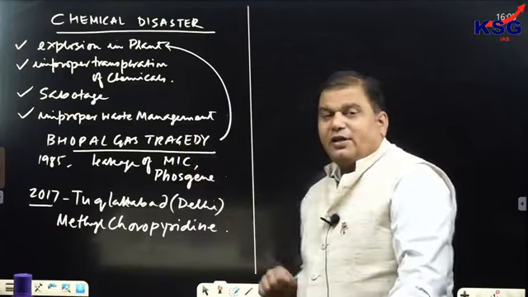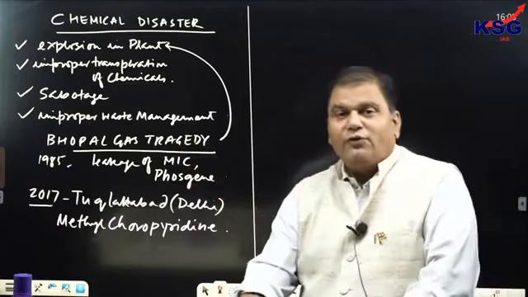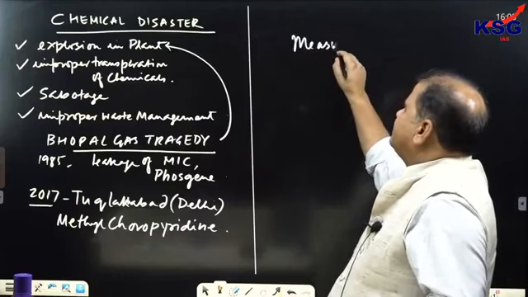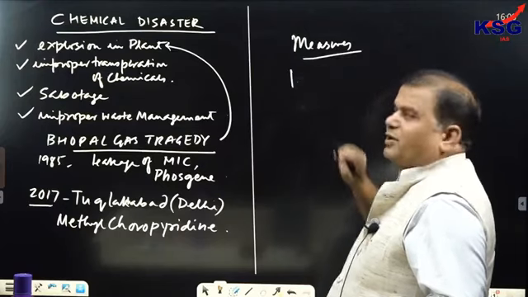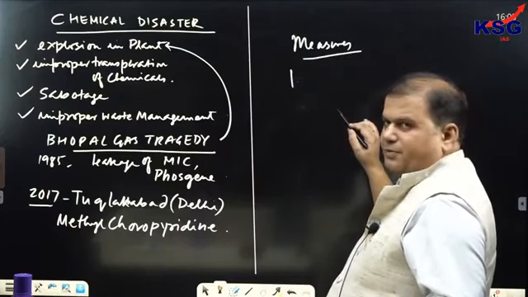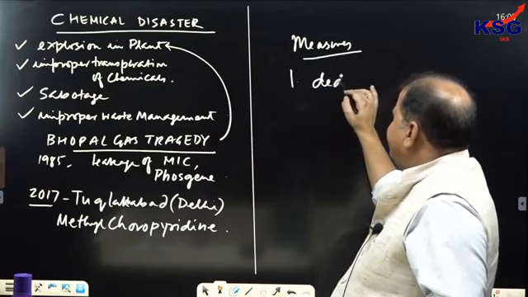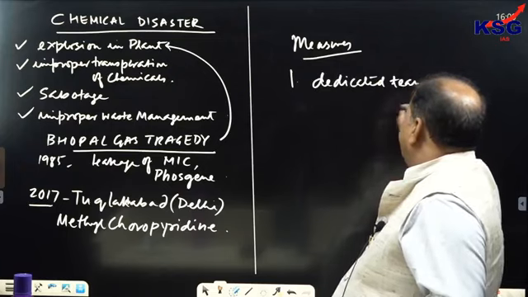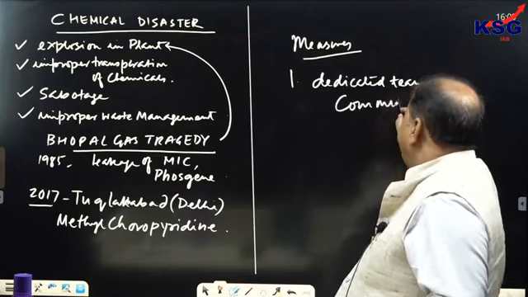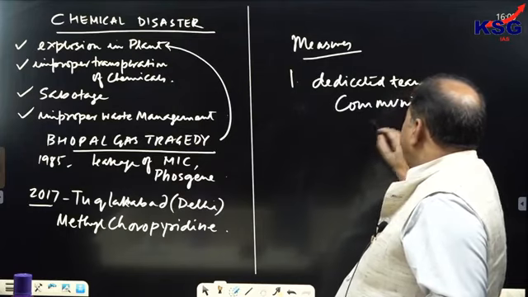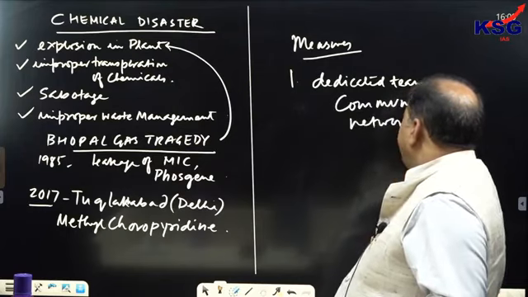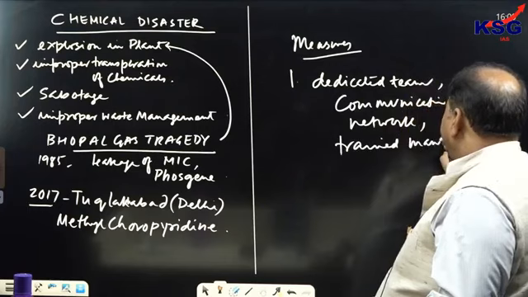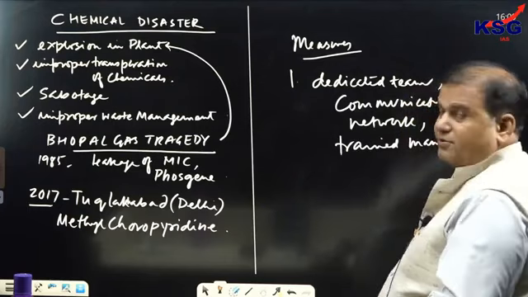So numerous examples. Now for this purpose, what needs to be done? For a chemical disaster, first of all, the measures are that we should be responsible for establishing a dedicated team, a proper communication network, and trained manpower near the industrial unit.